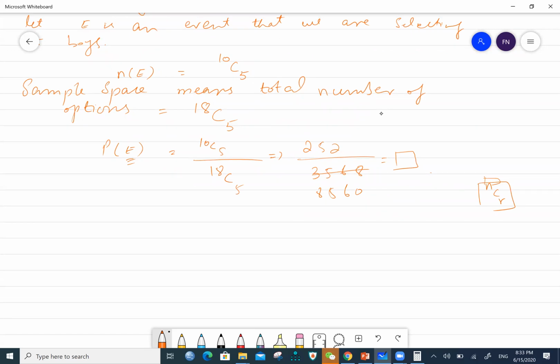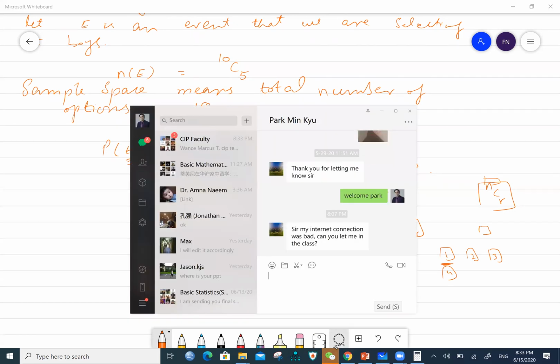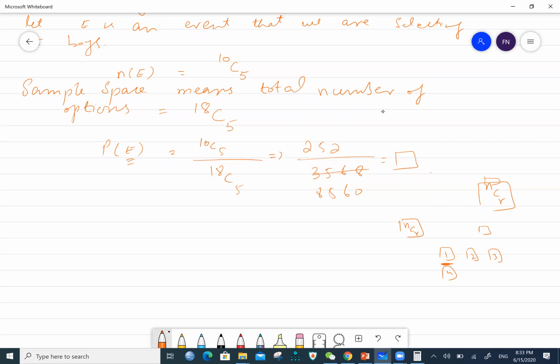Maybe it would be written somewhere between two buttons. Understand? So you can use that function in your calculators and you can easily get the answer.